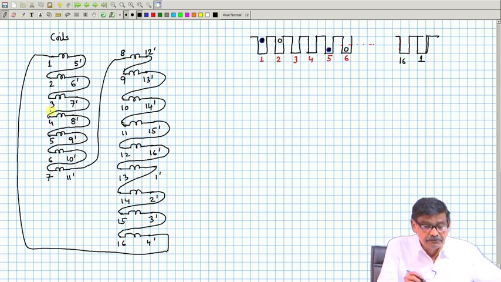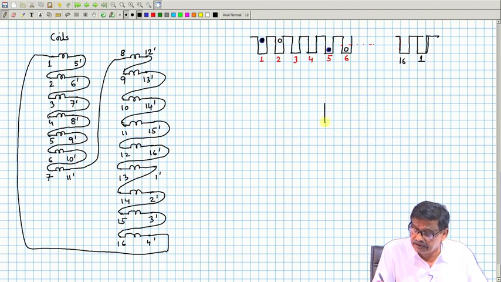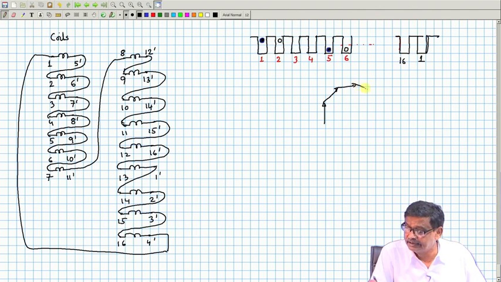If the first coil voltage is represented by a phasor like this, the second coil voltage will be lagging this by some angle beta, the third coil by this one, and like that if you go, you will end up coming back to the same coil after you have traversed all the 16 voltages.